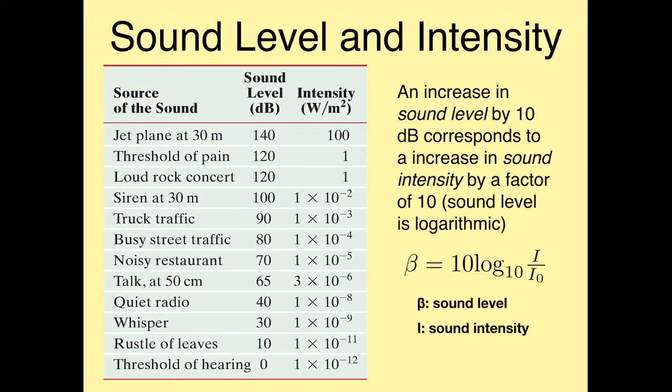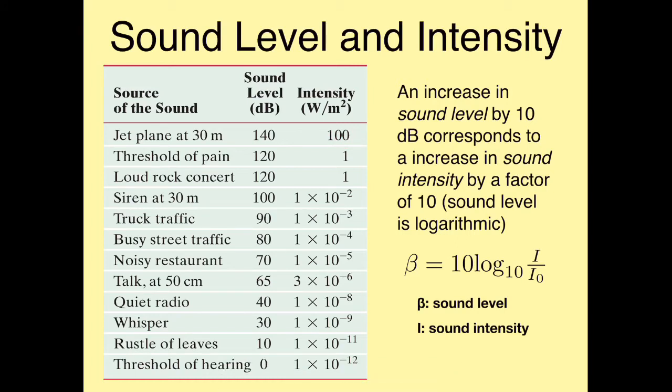Okay, so what we have here is a table with various sounds, and on the middle column we have the sound level in decibels, and in the rightmost column we have the intensity measured in watts per square meter. So the sounds go from very loud to quiet as we go down the table. So if you're standing 30 meters away from a jet engine, the sound level is 140 decibels, which is very loud, painful. It's going to damage your ears. That corresponds to a sound intensity of 100 watts per square meter.